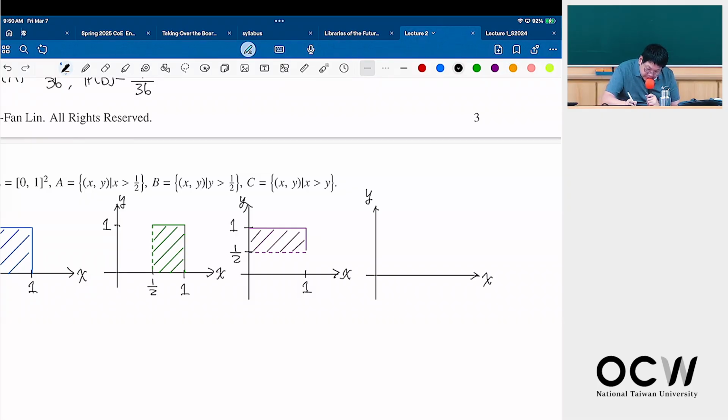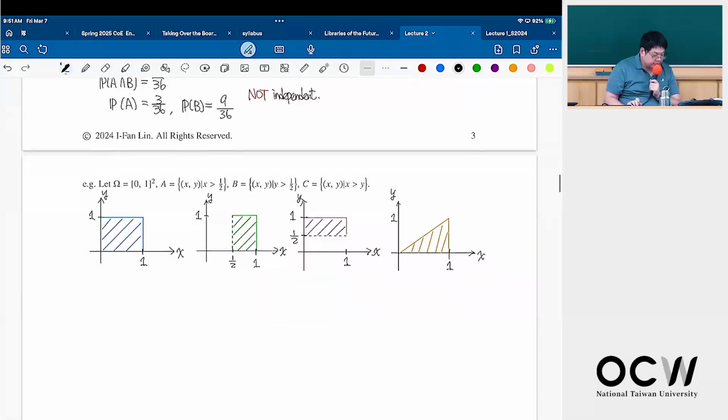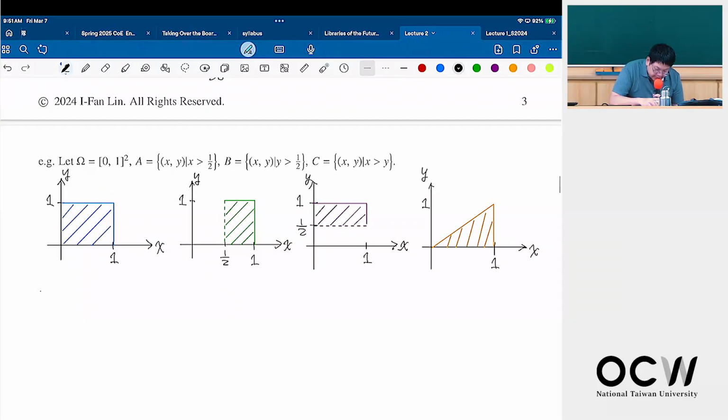Of orange, we still need to have 1 first. Okay. Now I want to find A intersect B.